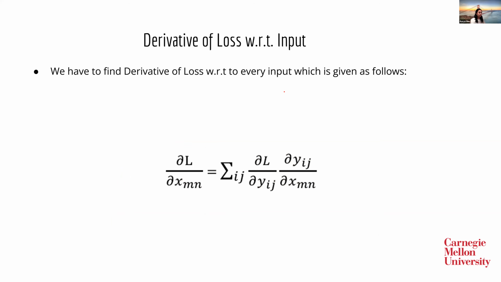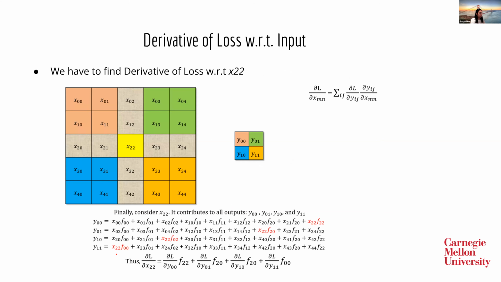And as for the derivative with respect to the input, this is also the same equation that we have seen before. You need to consider the contribution of each position. Let's take this x22 example. x22 participated in 4 calculations when doing the forward calculation.